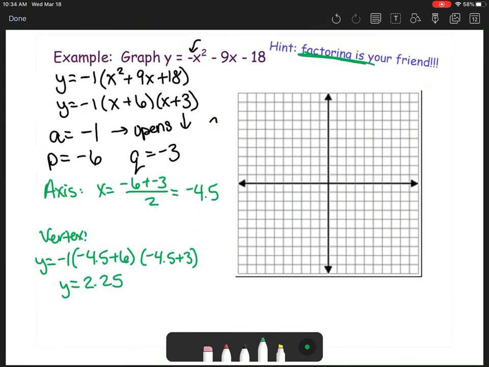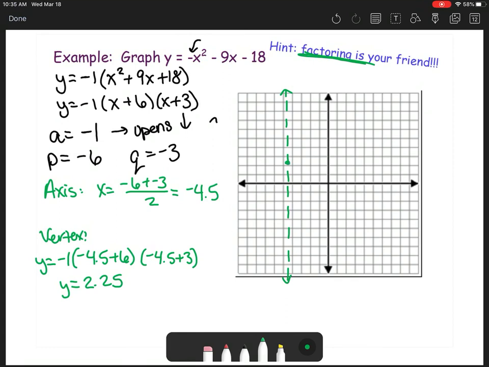Okay, let's plot it all and see what we get. Axis of symmetry at -4.5. Again, estimate to the best of your ability where that goes. The vertex is on that line, up 2.25.